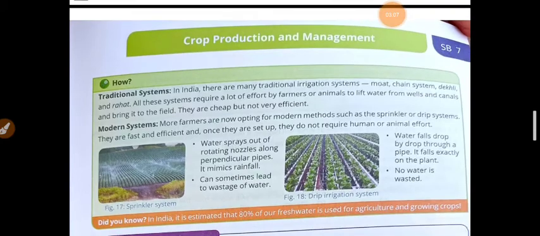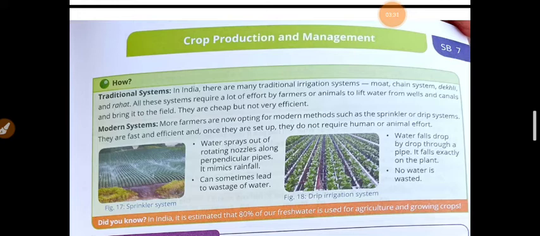How will we do that? There are two types of systems: traditional system and modern system. In India, there are many traditional irrigation systems: Mote, Chain system, Dhekli and Rahat. All these systems require a lot of effort by farmers or animals to lift water from wells and canals and bring it to the field. They are cheap but not efficient.